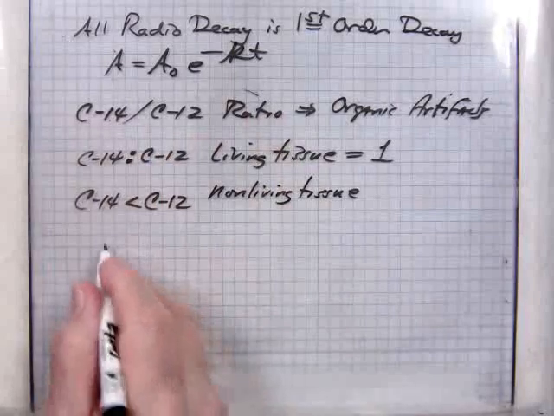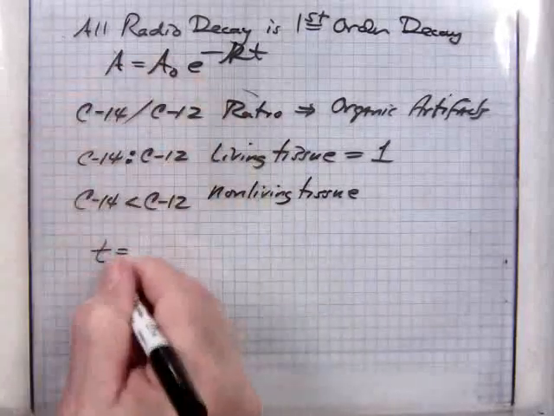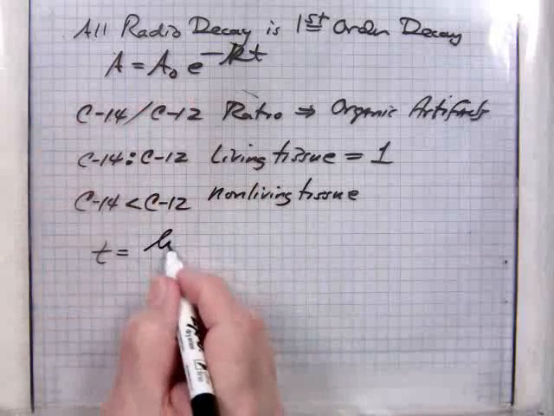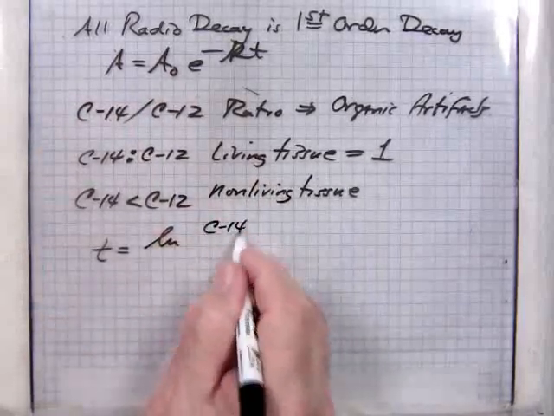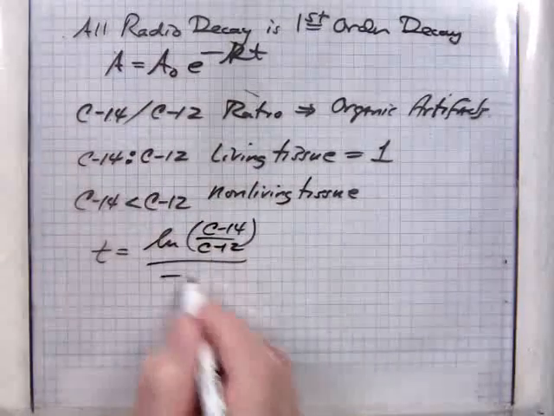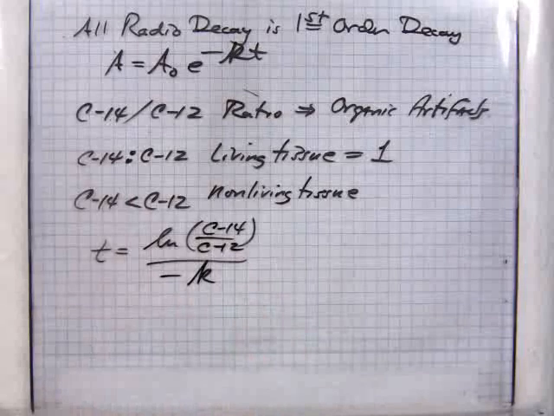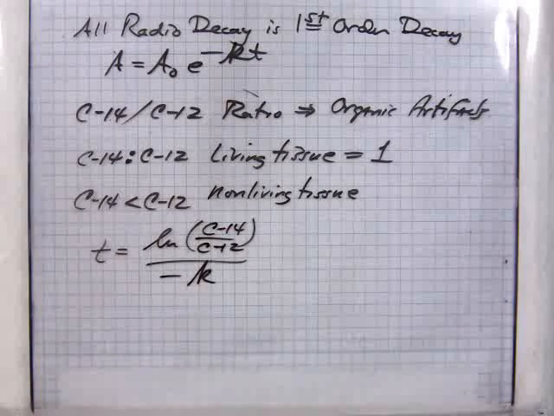You can use the expression T, which is derived out of this, is ln of carbon 14 over carbon 12, that ratio over the rate constant for that decay. And so this tells you the age of the artifact. And K, I don't remember what it is.